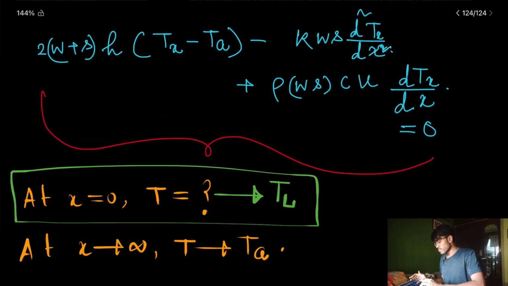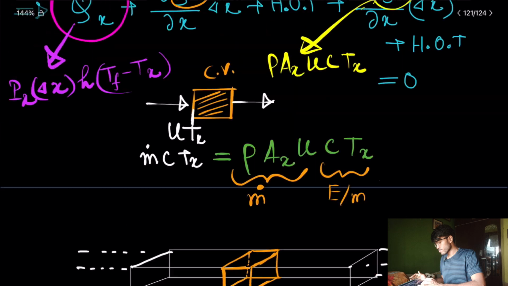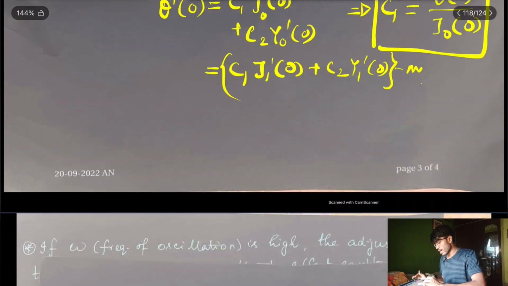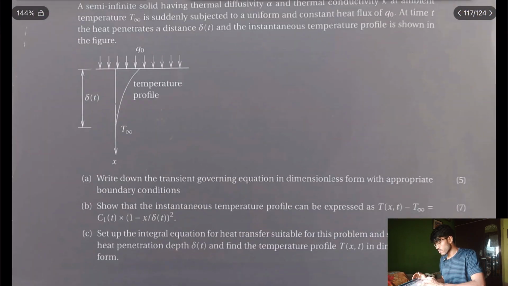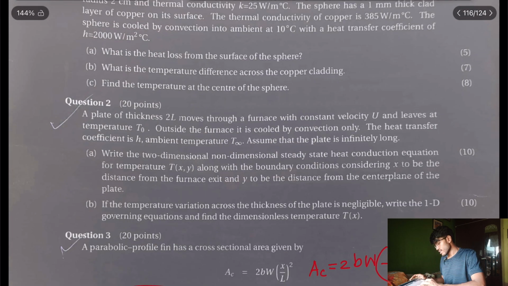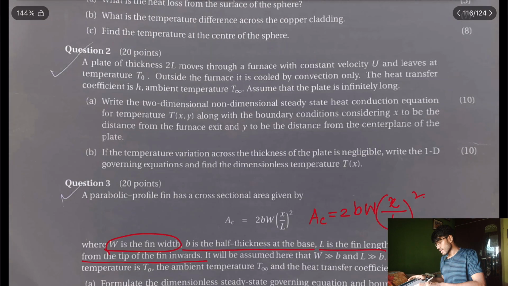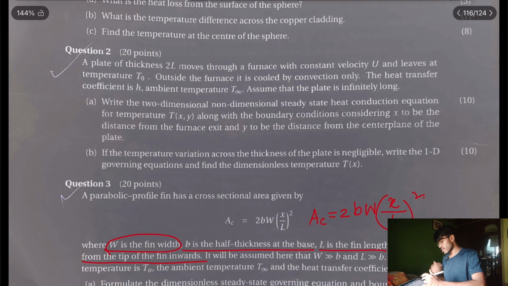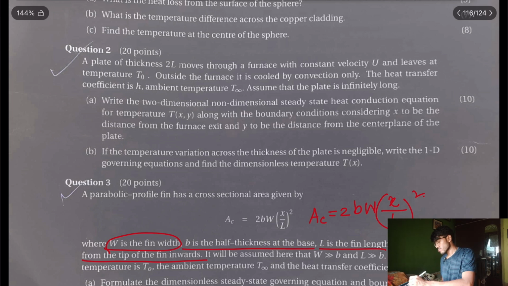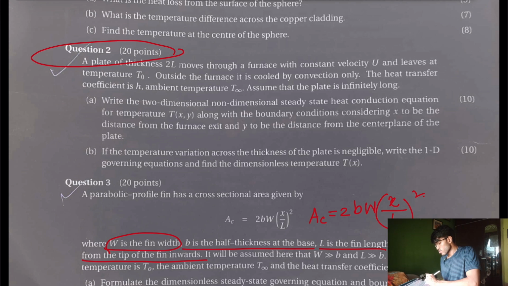Now let me show you a question. This was the mid-sem question of IIT Kharagpur of 2023. Let's read this question, and you can take a snapshot also. This question 2: A plate of thickness 2L, so this is the thickness of the plate, moves through a furnace with a constant velocity capital U and leaves at temperature T0.